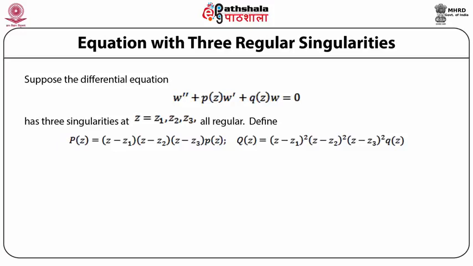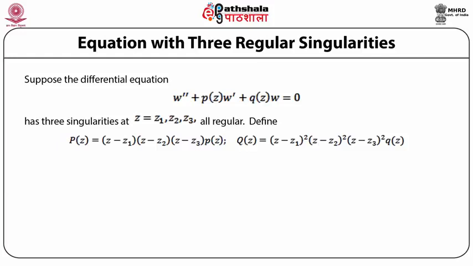All are regular ones. Now we define capital P of z is equal to z minus z1 into z minus z2 into z minus z3 into small p of z. Capital Q of z is defined as z minus z1 square into z minus z2 square into z minus z3 square into small q of z.